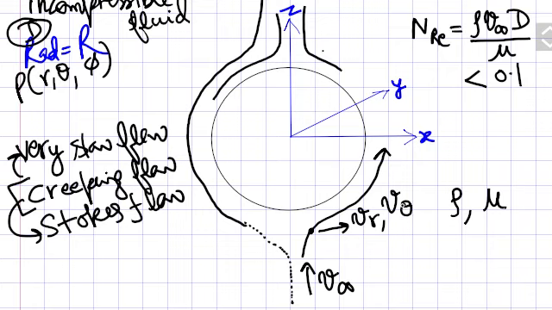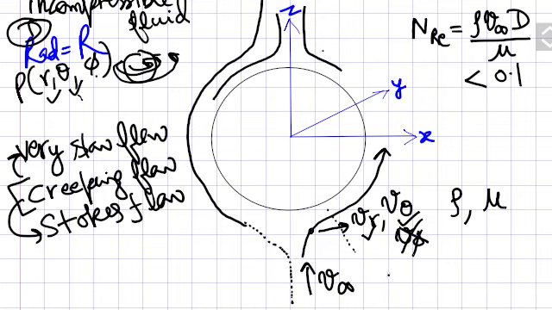It will change with the angle theta, and it will change with r, the distance outward from the sphere, where the velocity is zero at the surface and increases outward. But it will not change with phi, because the flow is not rotating around the axis. So the V phi component will not be there, only the r component and the theta component. So it is a two velocity component problem.